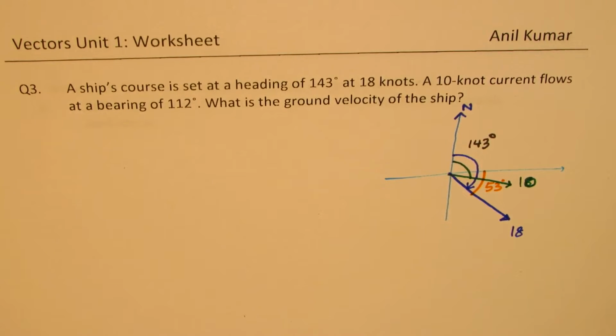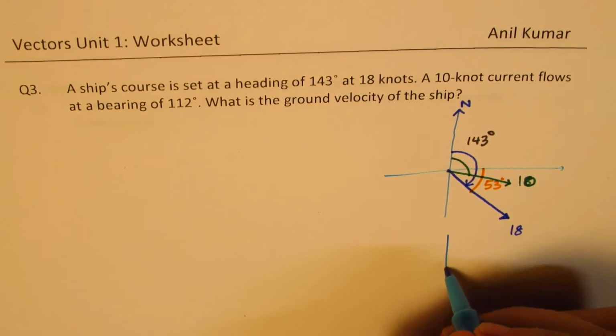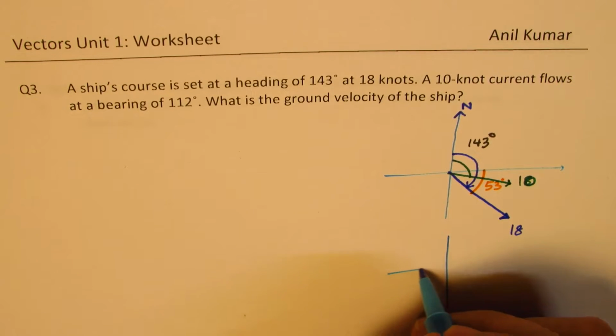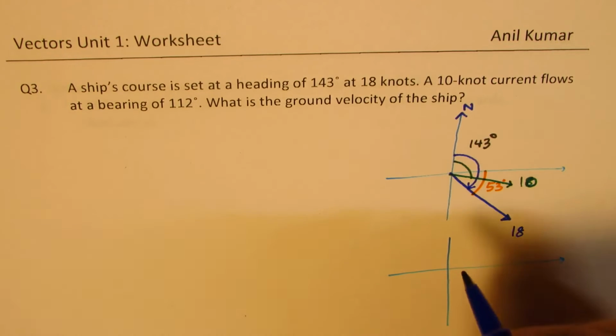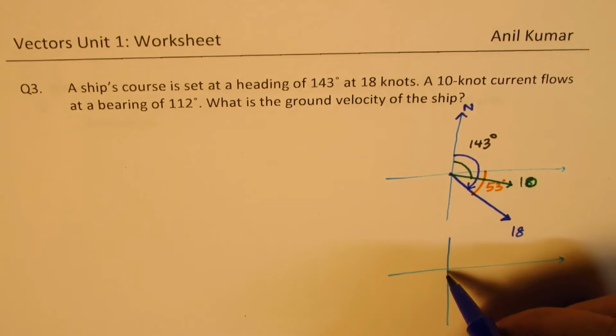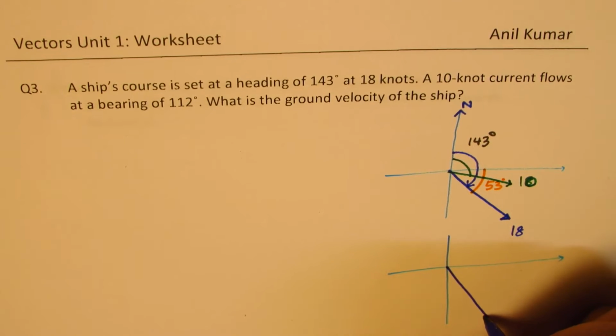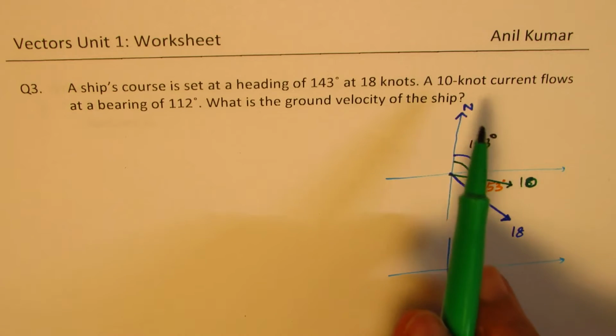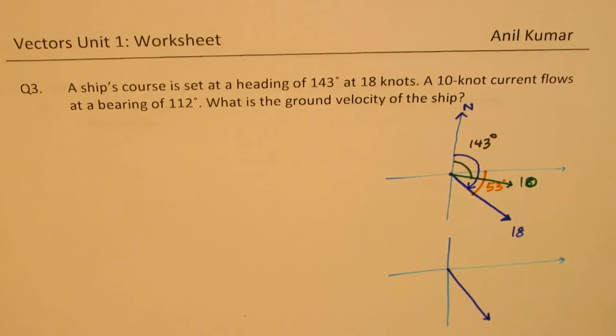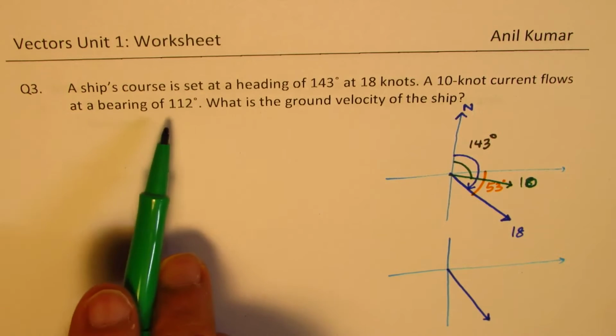So these are the two components. We need to find the resultant, correct? So let's make our diagram to figure out the resultant. We'll again make our reference frame, the coordinate plane. So we have this component of the ship's course, which is at an angle of 143 degrees. And then we have this current, which is 112, right?